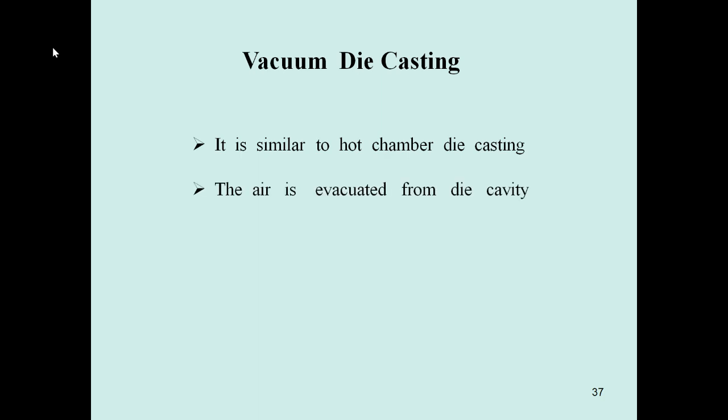So next one is vacuum die casting. This vacuum die casting machine is similar to the hot chamber and cold chamber die casting machines, but the air is completely evacuated from the die cavity.